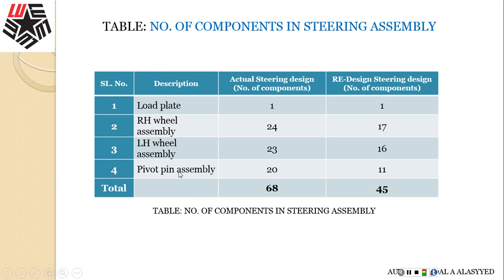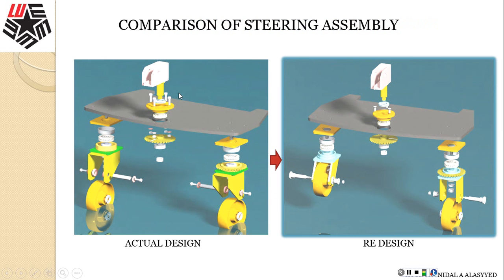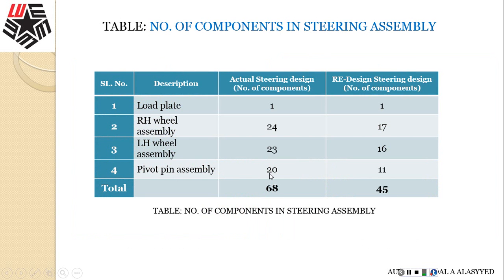The pivot pin assembly, which is the top here, went from 20 parts to 11. So you're talking about 68 versus 45.